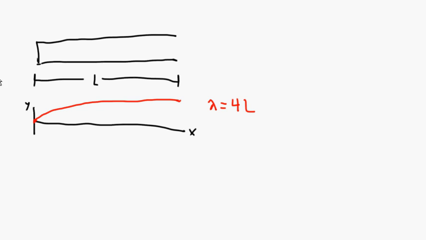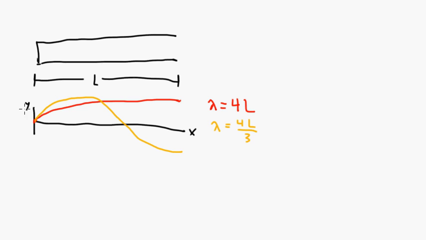Now the next resonant frequency also comes to an antinode, but instead of going through just 1/4 of a period, it goes through 3/4. So it goes like this, ends up like that. So this is for lambda equals 4L over 3, because you get through 3/4 of a wavelength here.